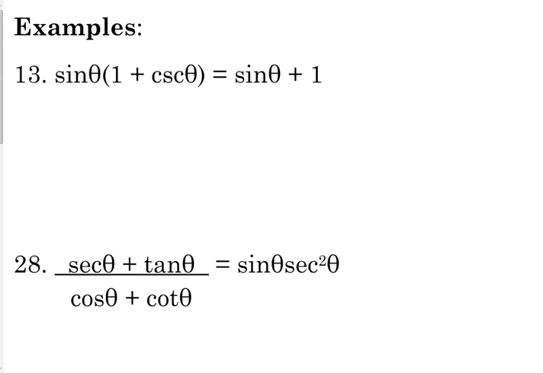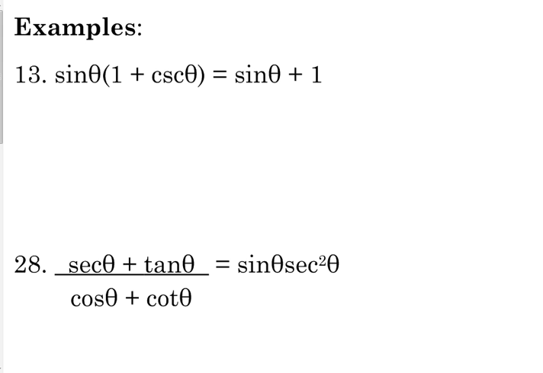Okay? Let's look at this one. Sine of theta times 1 plus cosecant of theta. We've got to see if we can make that equal sine of theta plus 1. Okay? We don't have anything squared.